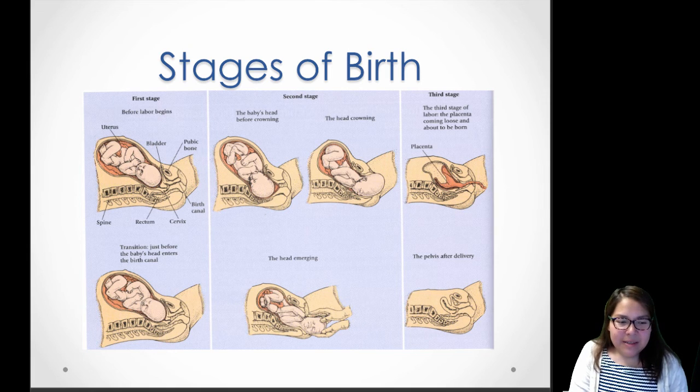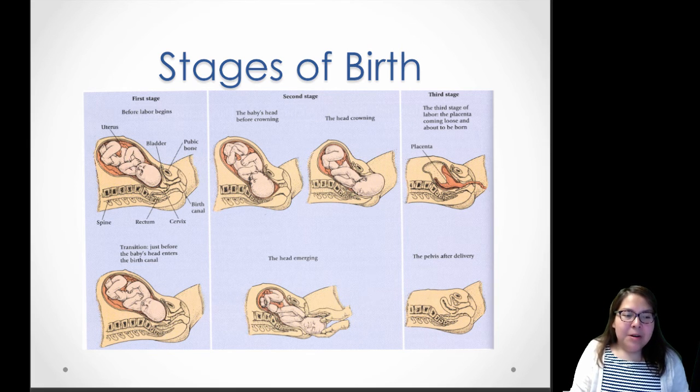The second phase of labor begins with the fetus's head placement at the cervical opening. And so the second stage is the actual birth or the delivery of the child. And so the fetus's head passes through the cervix and into the vagina and ends with the baby emerging from the mother's body. So this stage is when mothers are told to push or bear down with the contractions.